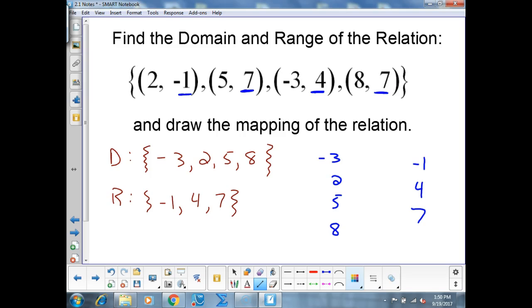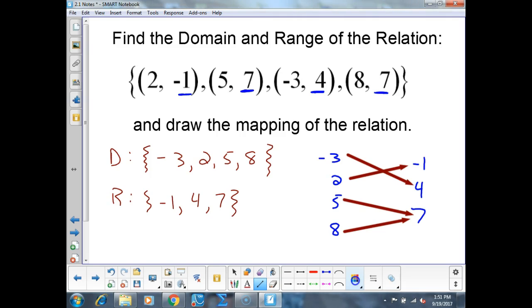So the point (2, -1) is there. (5, 7) is there. (-3, 4) is there. (8, 7) is there. And there's my map. Domain on the left, range on the right, arrows to show how they're linked.